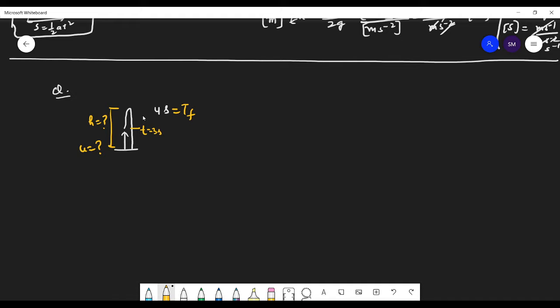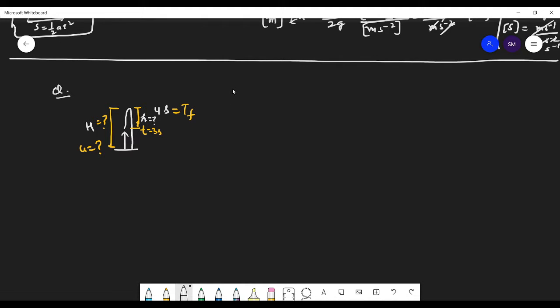So how far below the highest point? So this height we need to tell. So this H maximum, you can write as capital H, and this one as small h. So these are the 3 things that you need to tell.